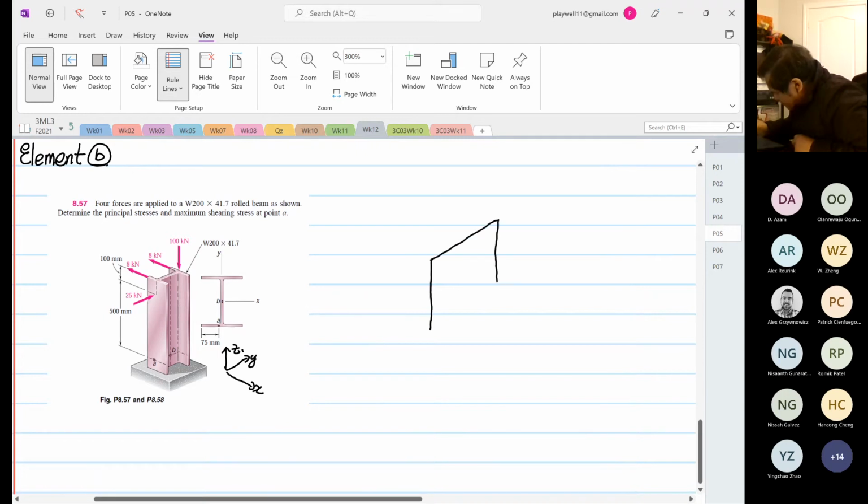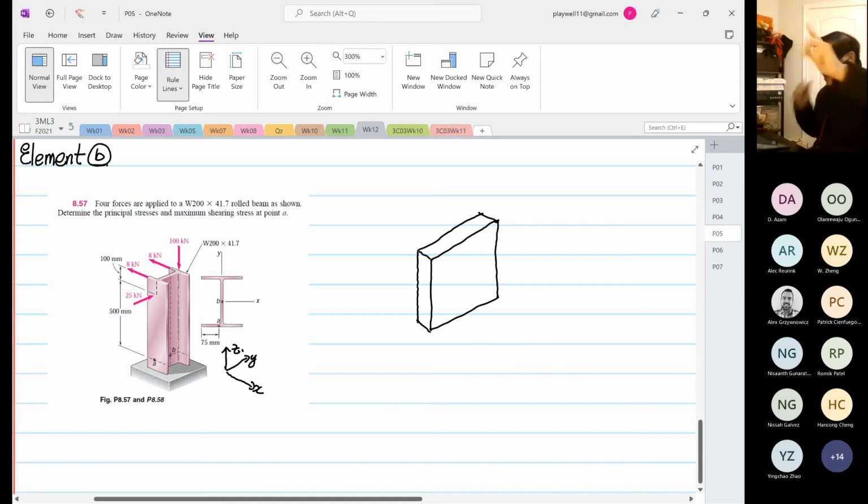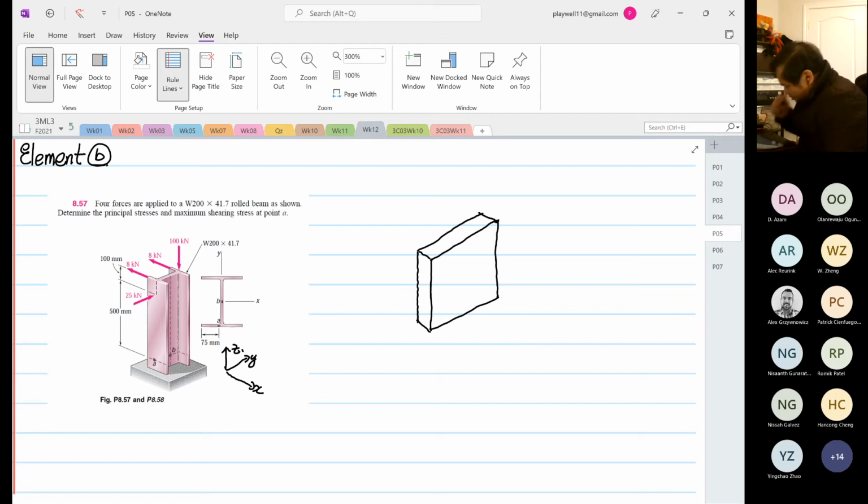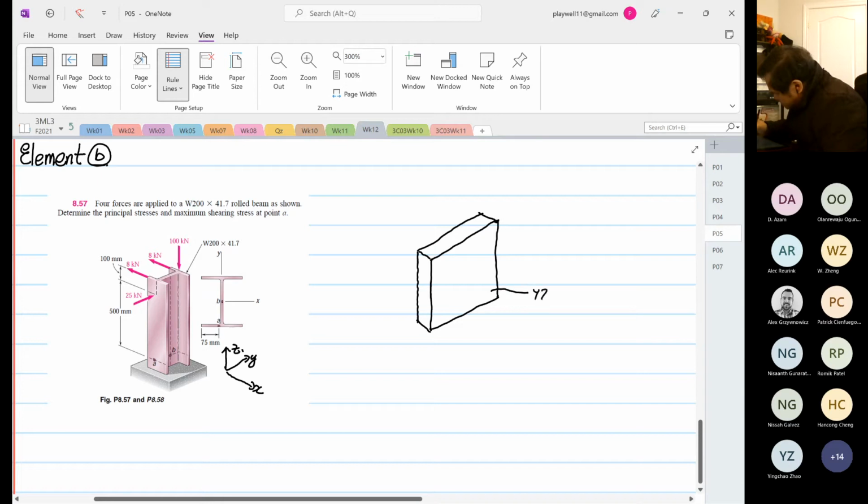Now you realize that for element B, the in plane changes already, right? So now when I say the word in plane, I know what that means. Our in plane now is our YZ plane. Then our out of plane is our XY plane, right?